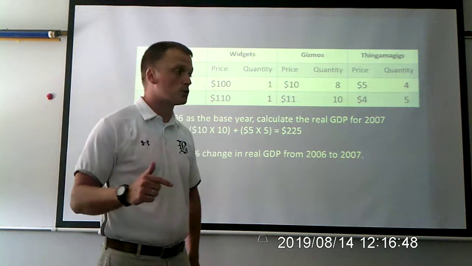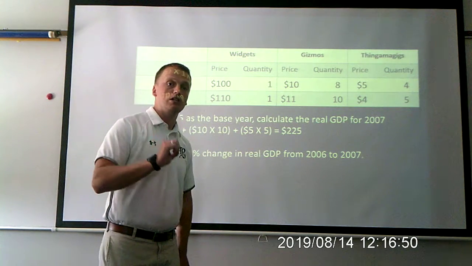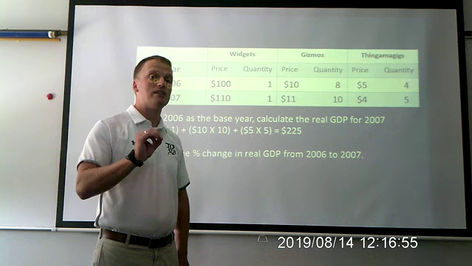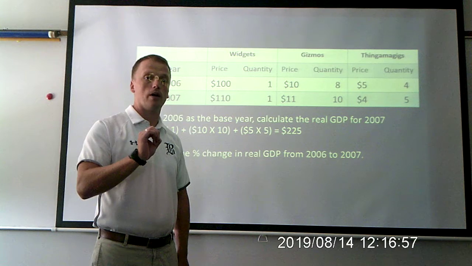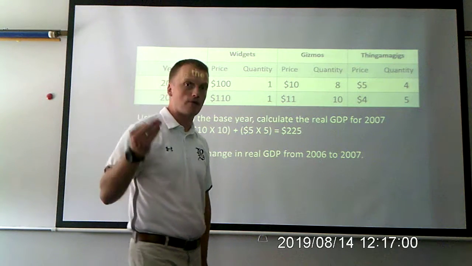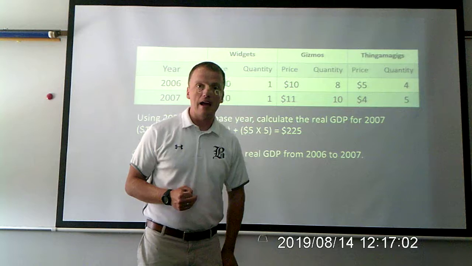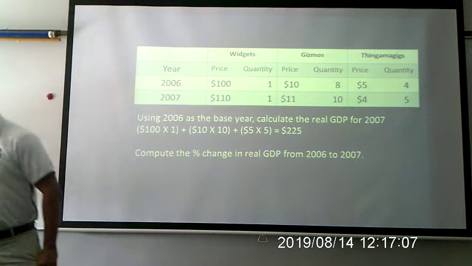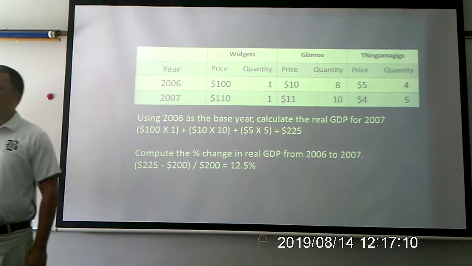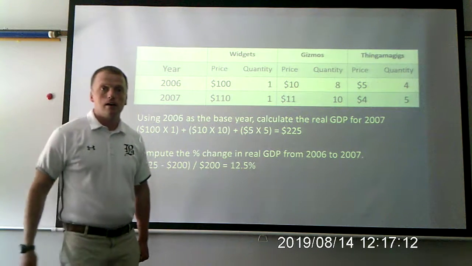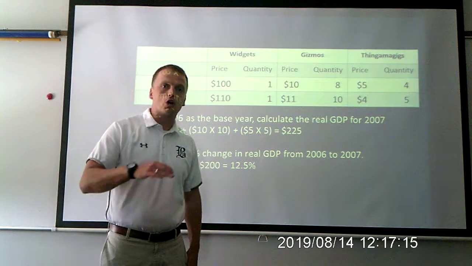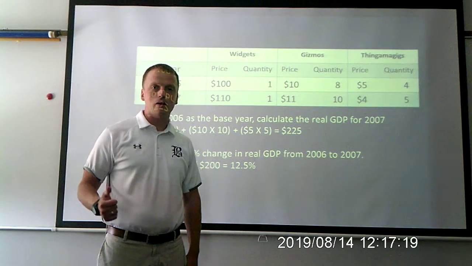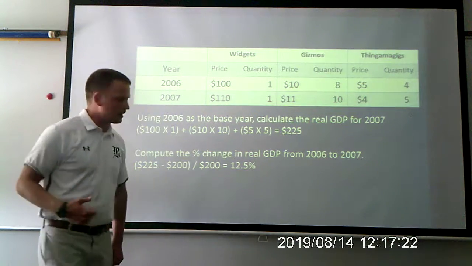Plug in those numbers: year 2 minus year 1 over year 1, and then convert the fraction to a percent. Let's see what you get. It should be 12.5%. If you didn't get that, make sure you talk to me about that in class when I get back, whenever that is, and we can go from there.